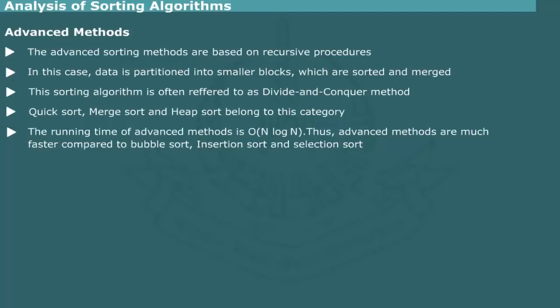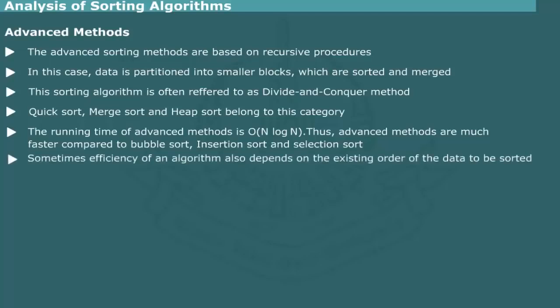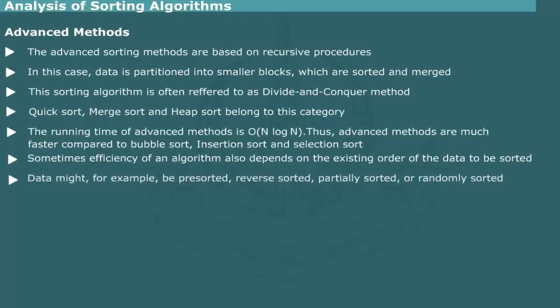In some cases, the efficiency of an algorithm also depends on the existing order of the data to be sorted. For example, in some situations, the data might appear in pre-sorted order, sorted in reverse order, partially sorted, or randomly arranged. Thus, analysis of algorithms must also consider the worst case, best case, and average case scenarios.